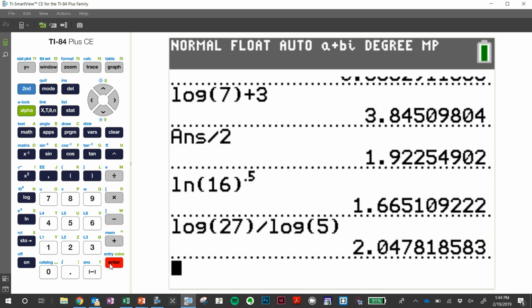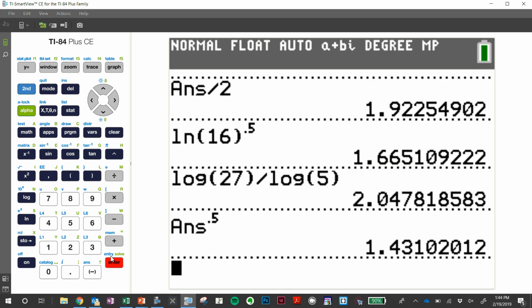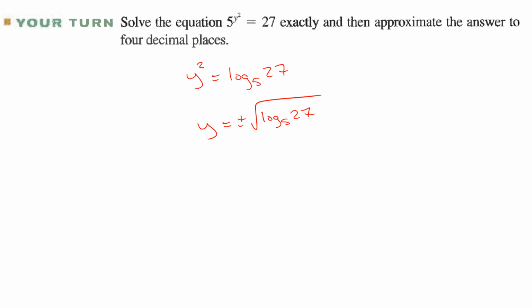And we get an answer, and then we'll raise that answer to the 0.5. So plus or minus 1.4310. Approximately equal to x. Excuse me, y in this problem.